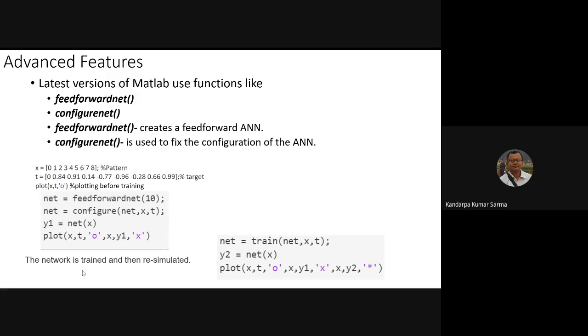Once the network is trained, it is re-simulated. That is the way to train, and then re-simulate it, and we can plot it one more time and then compare both the results before training and after training.